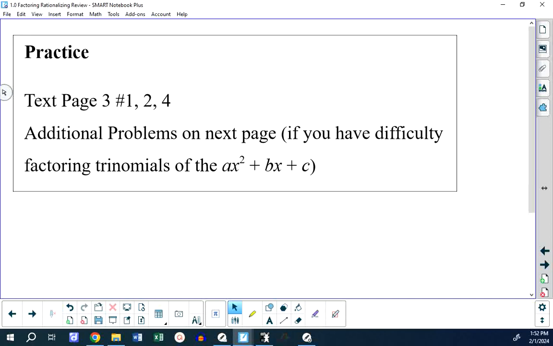And in math, there's a reason why we call simplification simplification. It's because working with a simpler problem is easier. That's why we simplify. So this was on page 3 of your textbook, question 1, 2, and 4.